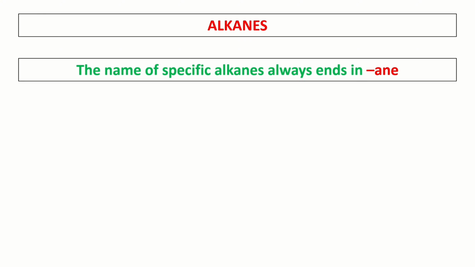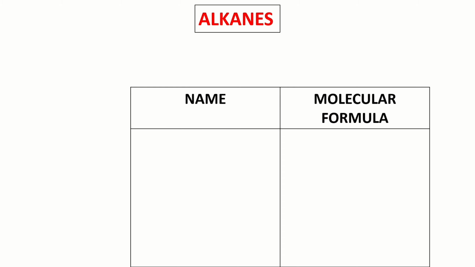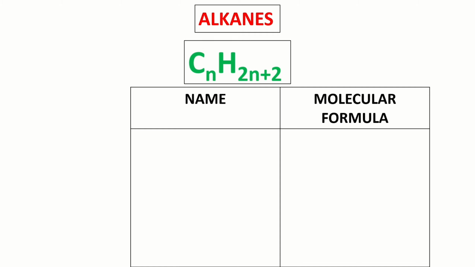The name of alkanes always ends in -ane. We have ethane, propane, butane, and pentane. The general formula of alkanes is CnH2n+2.